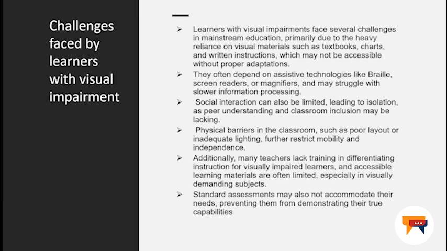They often depend on assistive technologies like Braille, screen readers, or magnifiers, and may struggle with slower information processing. Social interaction can also be limited, leading to isolation as peer understanding and classroom inclusion may be lacking. Therefore, physical barriers in the classroom, such as poor layout or inadequate lighting, further restrict mobility and independence.